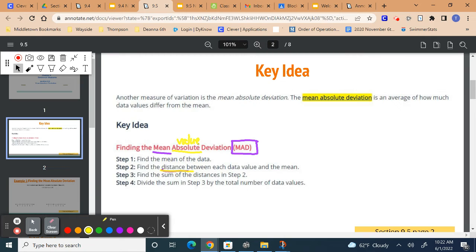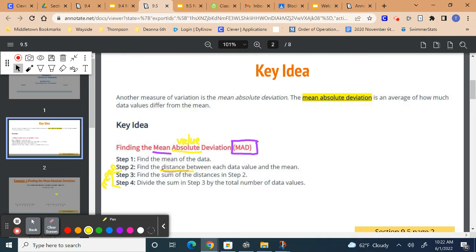And when it says divide the sum in step 3 by the total number of values, this is saying find the mean again. So you find the sum of the distances and then divide; right here is the mean again. And you'll understand how we do the mean twice. Okay, so let's try it.